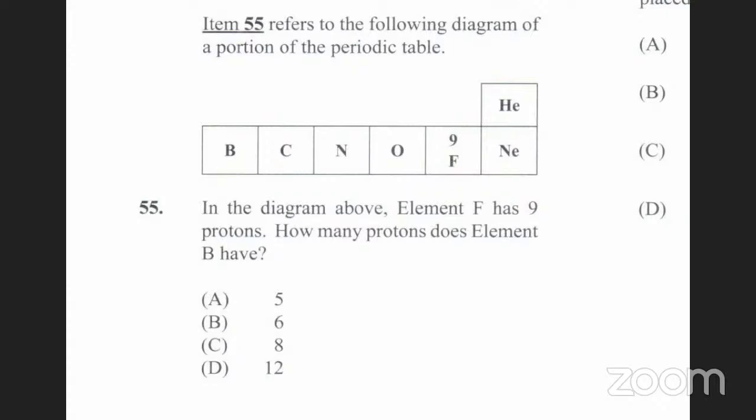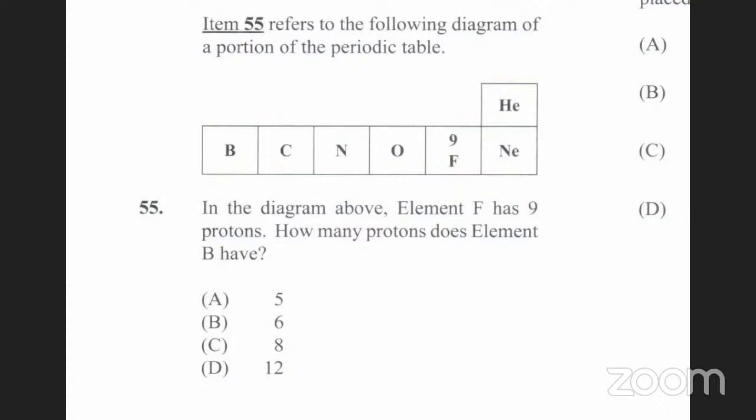That was like chemistry, right? You're just counting backwards. If F is 9, O is how much?